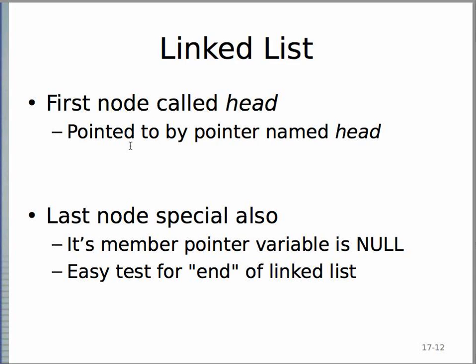So the first node is pointed to by a pointer named head. That's technically how you describe the first node. The last node is also special. You can think of the member pointer variable set equal to null, and this is an easy way to test the end of a linked list.